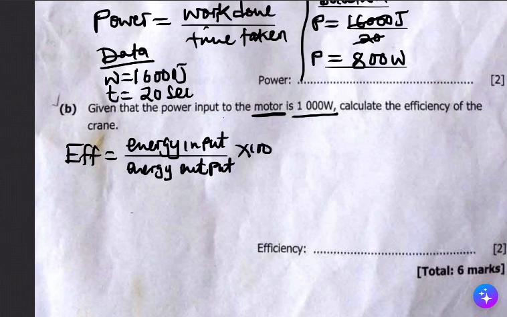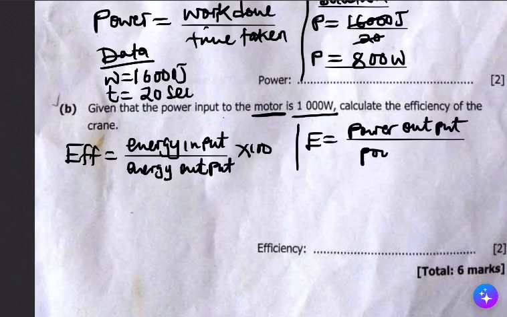That's the formula that you can use. Or if you don't want to use this formula, you can use power: efficiency is equal to power output over power input.